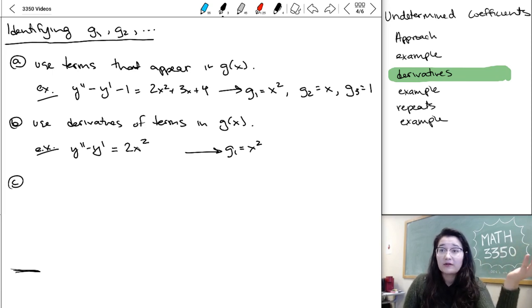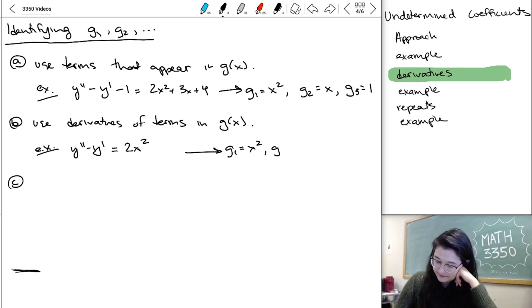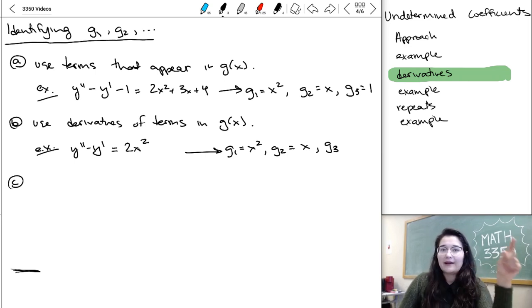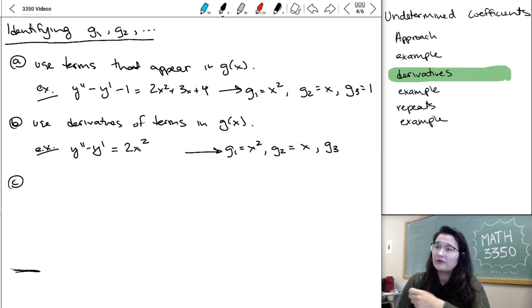We definitely want to include that function. But then we also want to include all the possible derivatives of that function. So when I take the derivative of x squared, I get 2x, so I use the function x, the simplest possible version. And then when I take the derivative of x, I get 1, so I use the function 1.